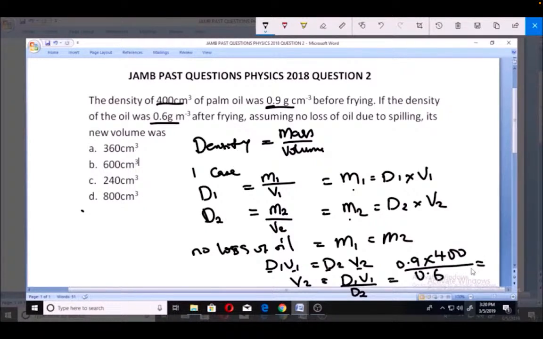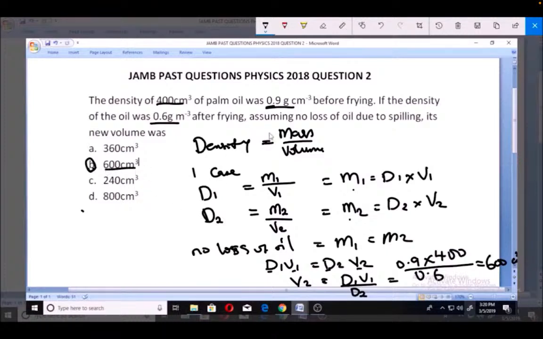So if you press your calculator, or if you multiply 0.9 times 400 all over 0.6, then you should be able to get the right answer. And the right answer is 600 cm cubed. So that makes B the right option, 600 cm cubed.